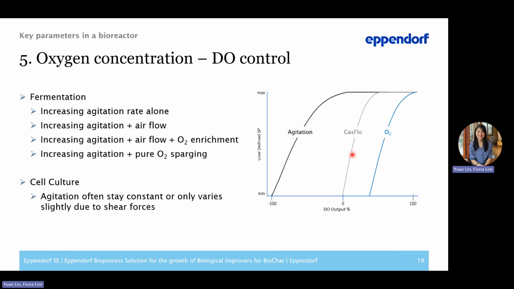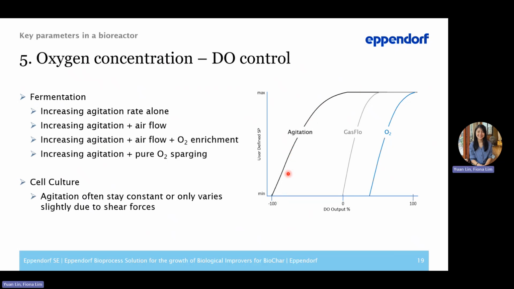Let's take a look at a basic example. So for fermentation, usually when your microorganisms start to grow, they will demand more and more oxygen. So essentially, one of the few methods a bioreactor can use to get enough oxygen for the cells is to increase the agitation speed. As your impeller increases the agitation speed to a higher value, the amount of oxygen in the bioreactor would also increase.